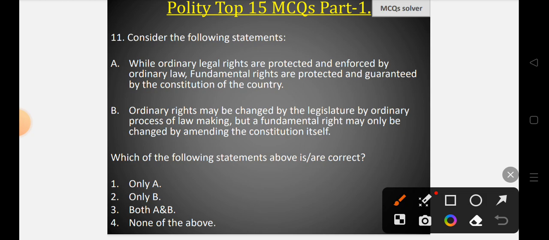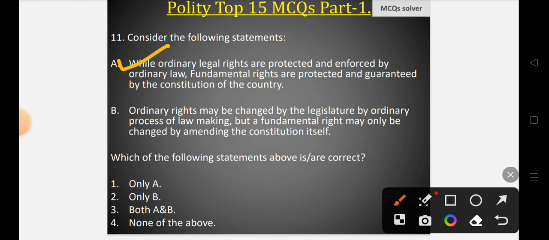So ordinary rights are protected and enforced by ordinary law, but the fundamental rights are protected and guaranteed by the Constitution of the concerned country. So statement A is a correct statement.